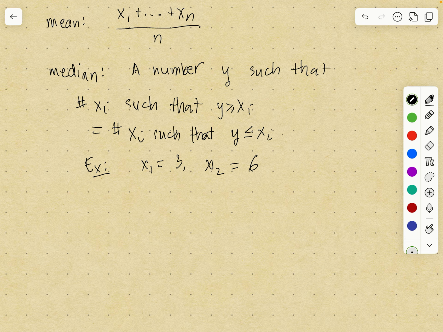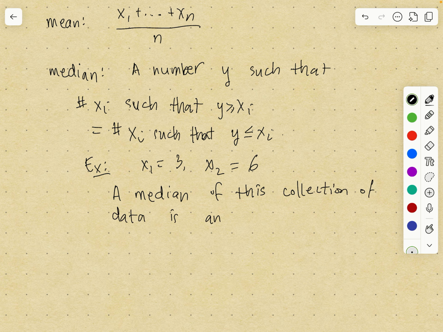But in this definition, a median of this collection of data is any number between 3 and 6. I guess if you don't want to include 3 or 6, you should make this a strict inequality.